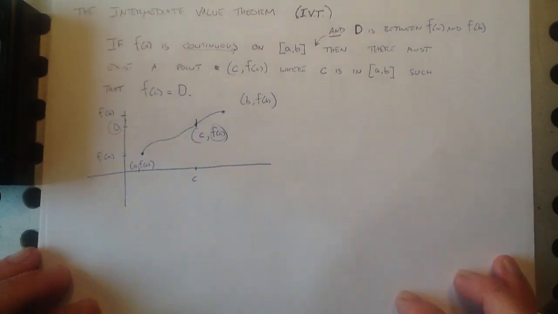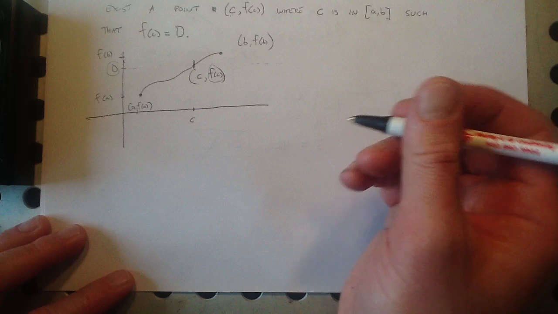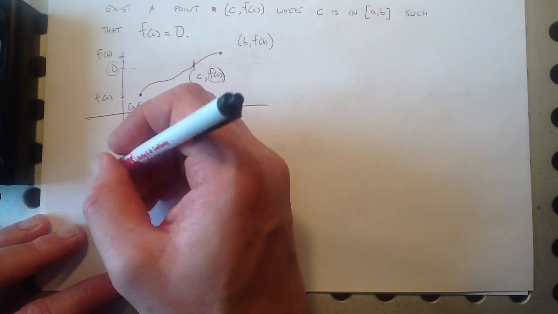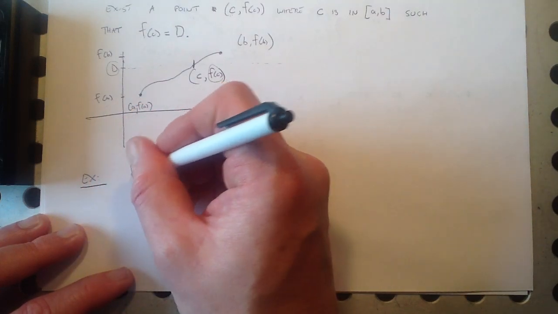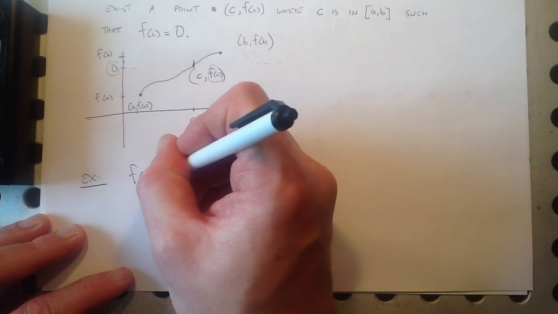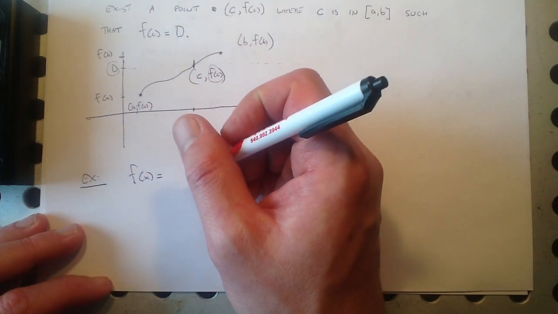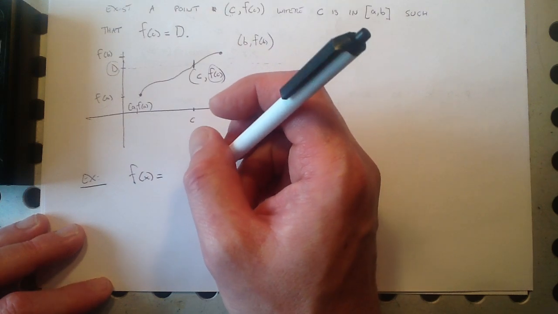Here's one quick application of that. If you have a function, for example, let's say f of x is equal to, trying to think of an example off the top of my head.